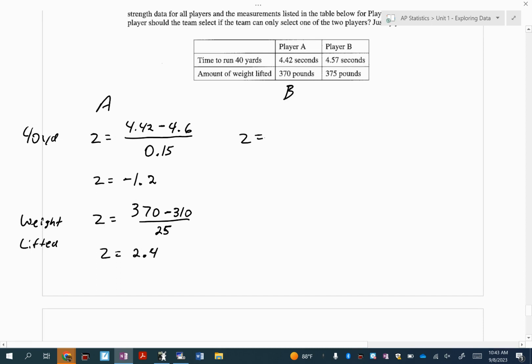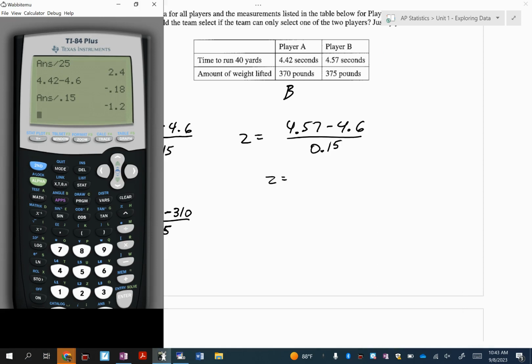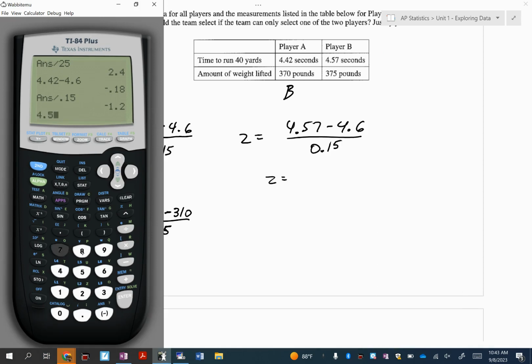So they ran the 40-yard dash in 4.57 seconds. So still faster than the average, but you can see that definitely closer to the mean. So negative 0.2.